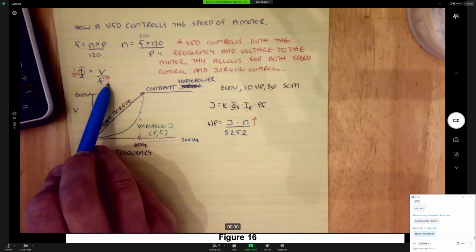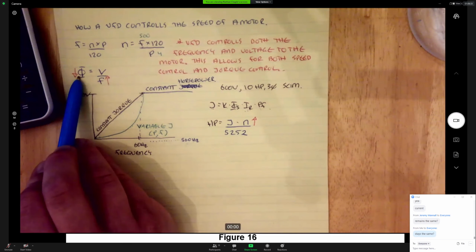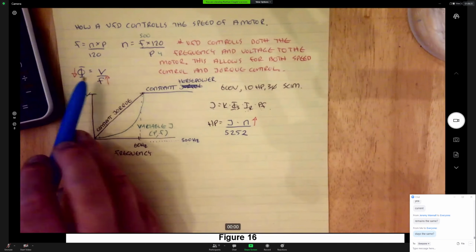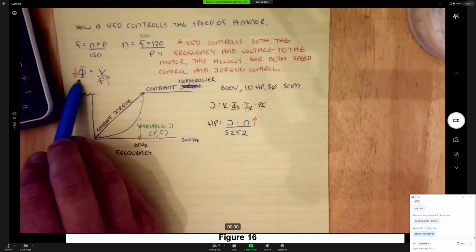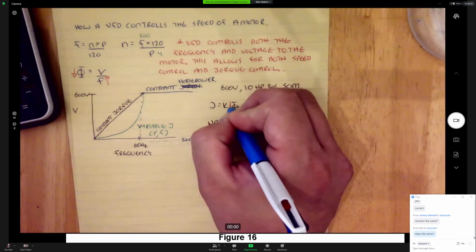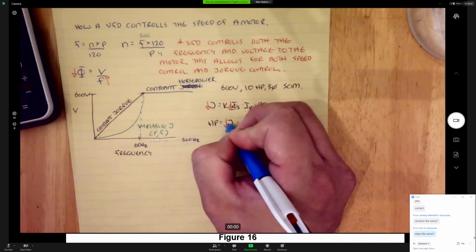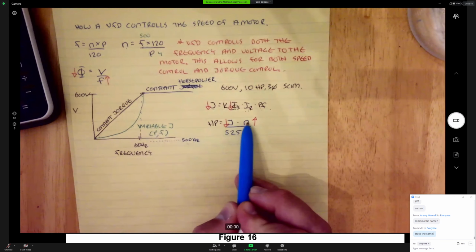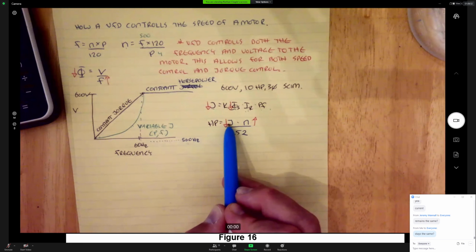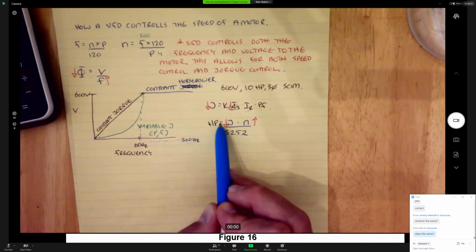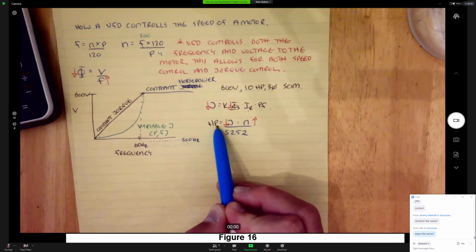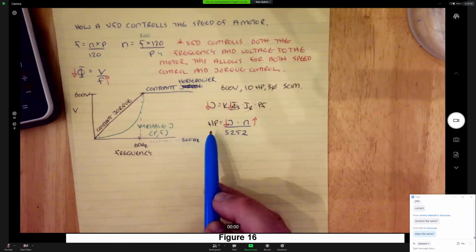And again, if we increase frequency, that's an inverse relationship. The flux decreases by the same amount, which causes the torque to decrease by the same amount. So torque and speed are essentially canceling each other out. This is increasing, this is decreasing. And in doing that, that gives us a constant horsepower. So that is constant horsepower.